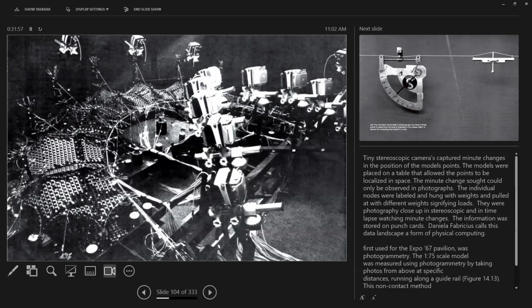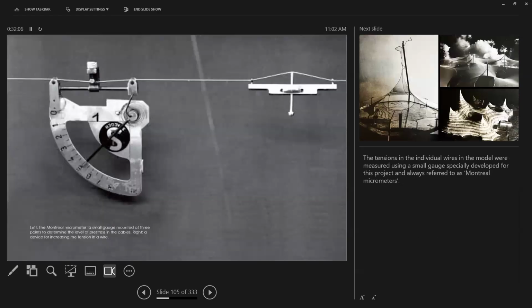There's no way to learn anything without accepting the possibility that your model might just collapse and fall apart. But there was a whole industry, with micrometers that would measure the tension in a wire, because people did this a lot at the time.